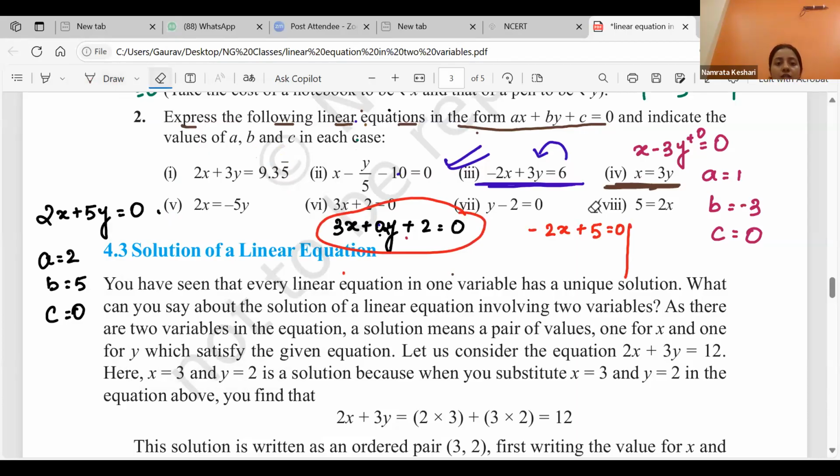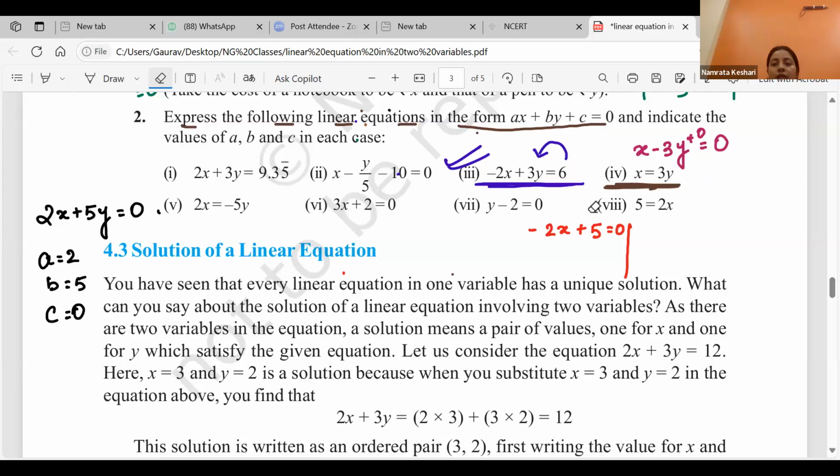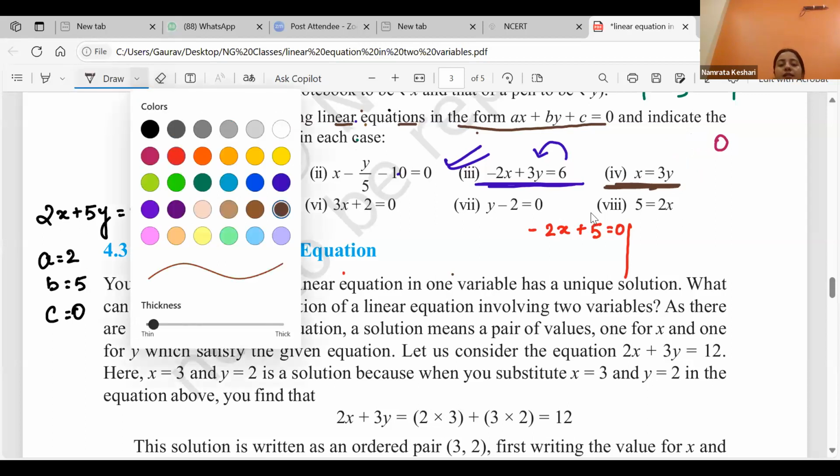See, question number 6. Once you have taken that 2x to this side, can you see it became exactly like question number 6, right? Yes, ma'am. Either you do it this way, or you can also change the side. How?